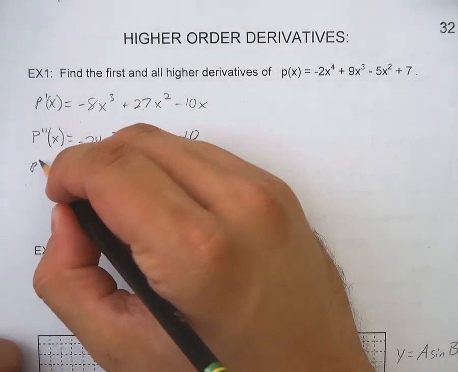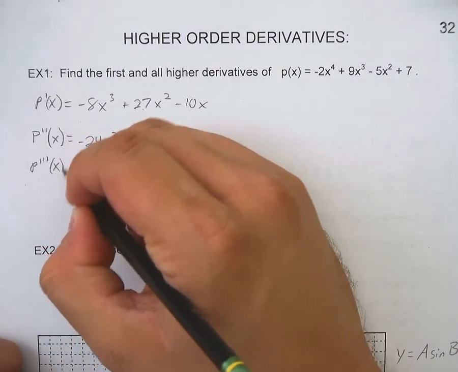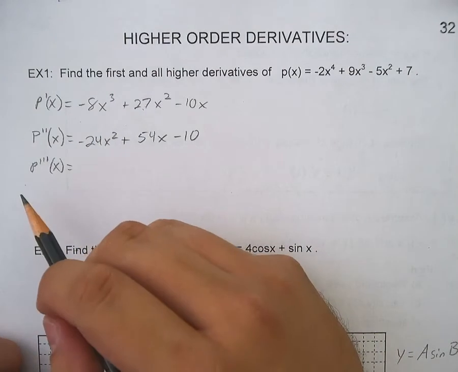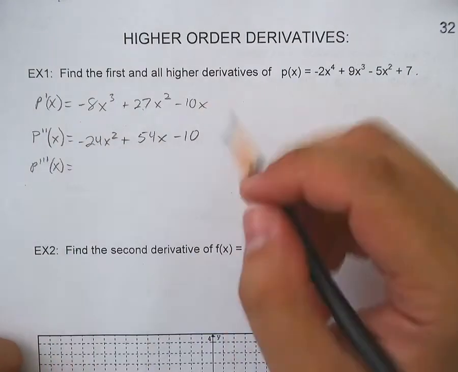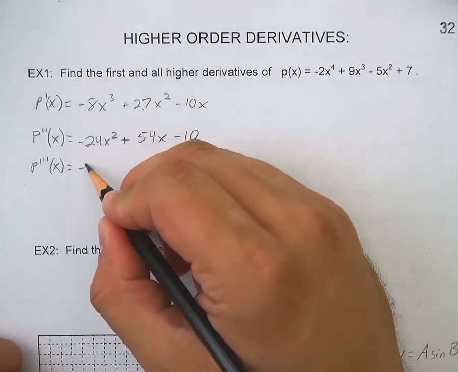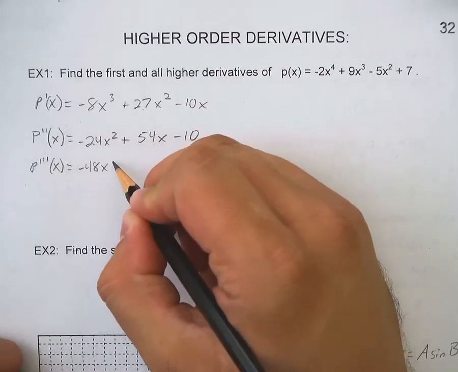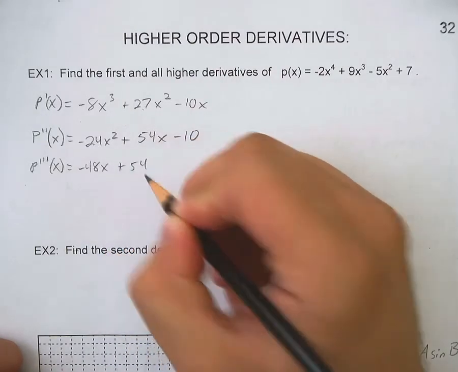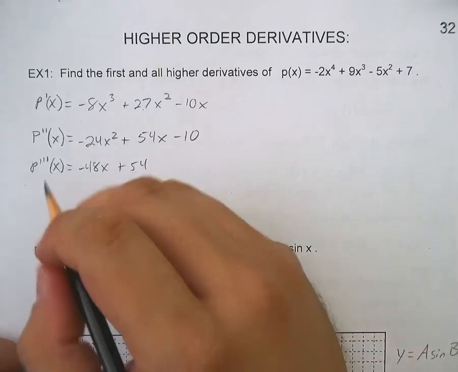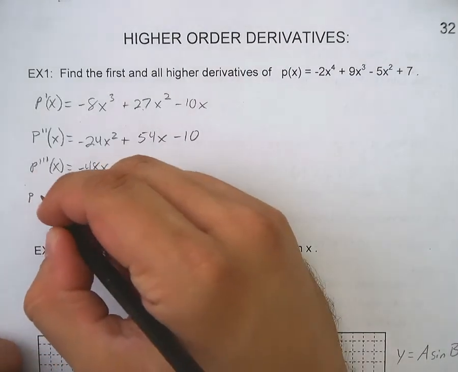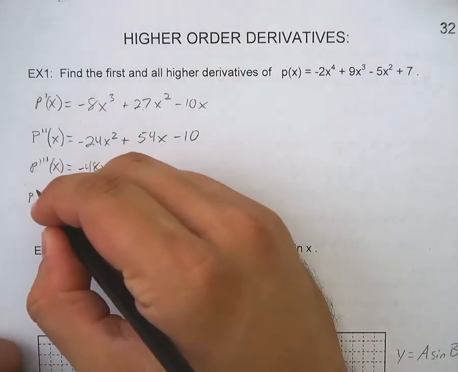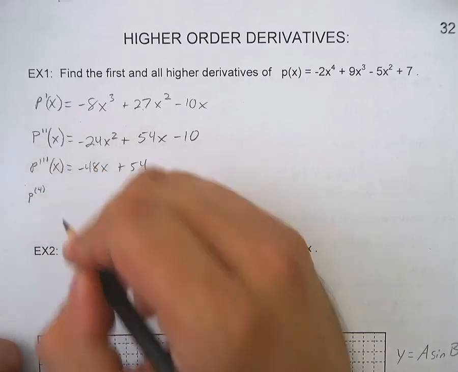Then we can take the third derivative, which is 3 apostrophes there, 3 little ticks at the top. The third derivative, drop your 2 down, this is going to be a negative 48x plus 54. And you have a fourth derivative. Now usually when you get to the fourth derivative, we just write p and a 4 up here, kind of like that.